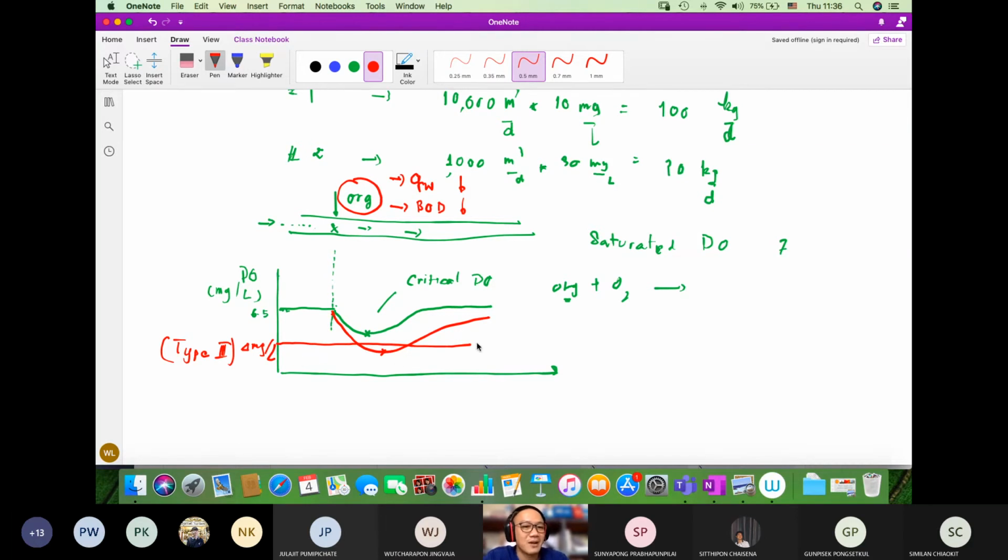So this is a kind of dissolved oxygen profile, which has a close link to the minimum degradation, because the minimum degradation focuses on both concentrations and the flow rate.